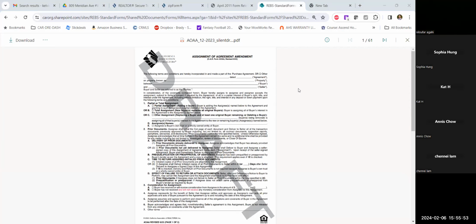But the most common type I'm seeing right now is when there's a lot of flippers out there who are writing cash offers on your listings. And then what are they doing? They're procuring a buyer to purchase and complete the purchase with their existing agreement.